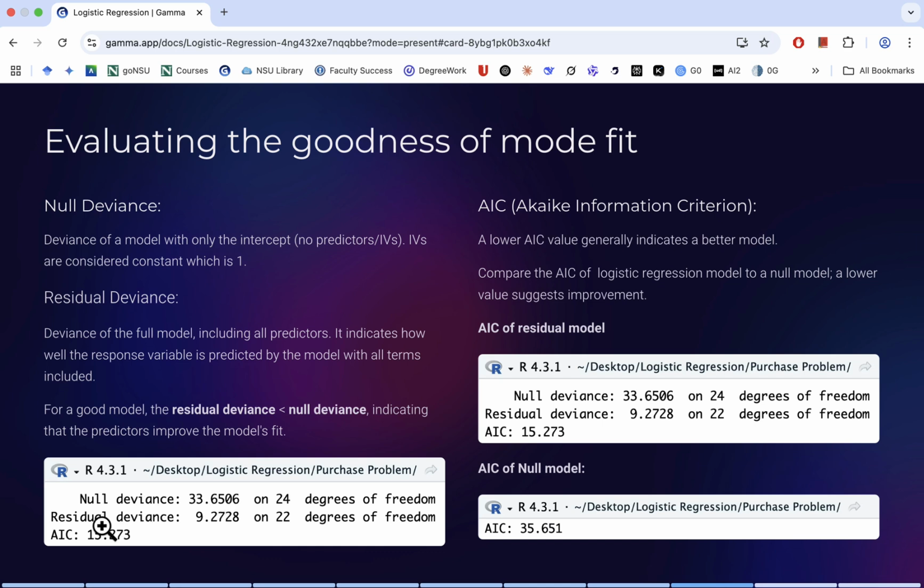It means that the predictors which are included in our original model are improving the model. For a good model, the residual deviance should be less than null deviance, indicating that the predictors improve the model's fit.